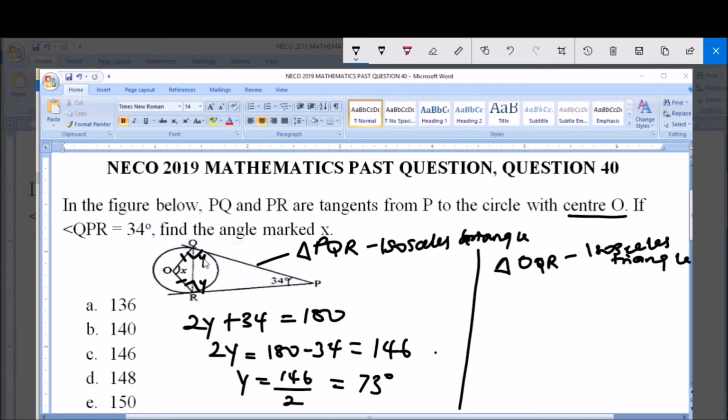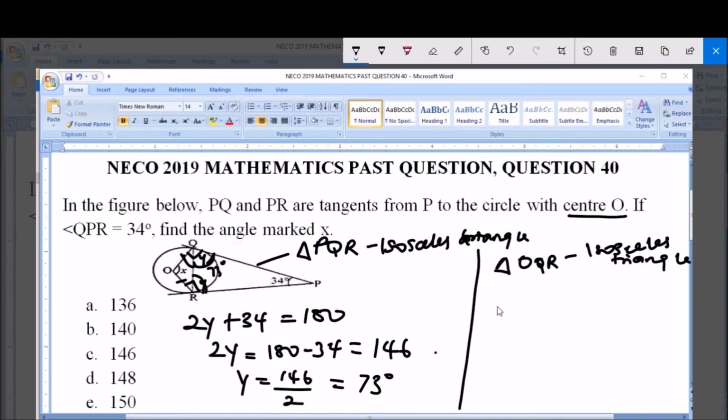That is, this base angle too will be equal, and we can get this base angle from the value of y, since we know the value of y to be 73, and we know that the angle made from the radius to the tangent is 90 degrees. This angle here is y, and likewise this angle here too is y. So since we know this angle to be 73 degrees, we can easily find this other angle.